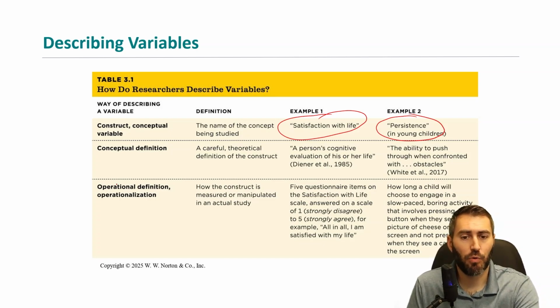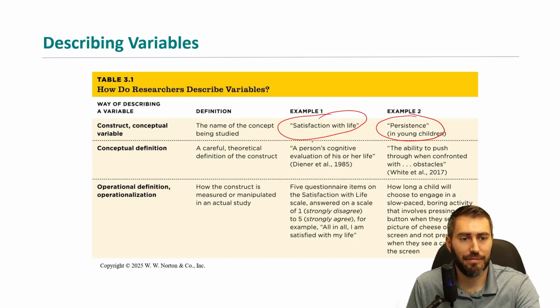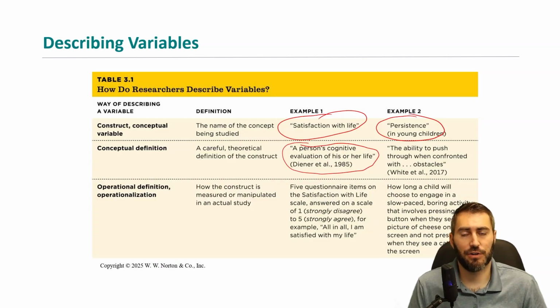And we can get a little bit more specific with the conceptual definition from there, where we have a little bit more detail in how we are thinking through and organizing what we're actually trying to measure. So if we look at our first example of satisfaction with life, maybe our conceptual definition is specifically a person's cognitive evaluation of his or her life.